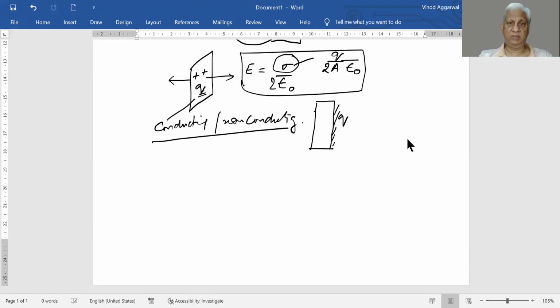We are not talking about any charge on the other face. If the charge is Q on this face, then only E in this direction or this direction, which is the same, is given as sigma by 2 epsilon naught.